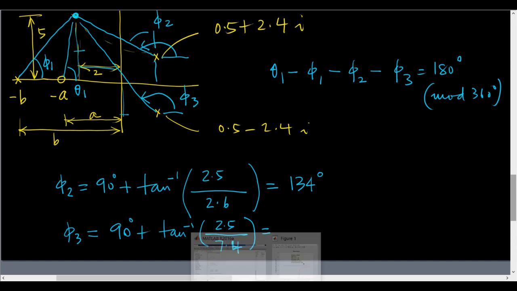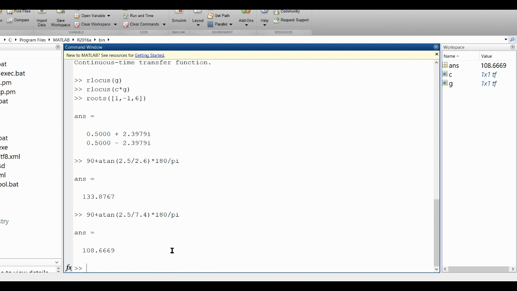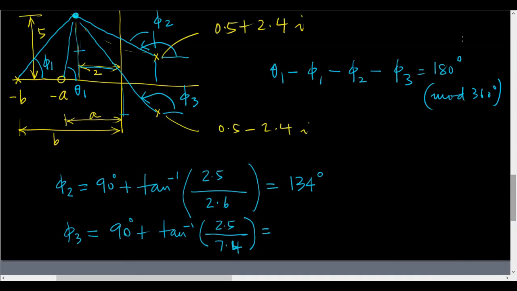Come here and I have 7.4, and that is 108.7. I will round up a bit and the other one I'll round down a bit. So 108.7, I'll make it 109. So over here 109. You realize it is perfectly possible to do it with 2 decimal places. I'm just taking fewer.